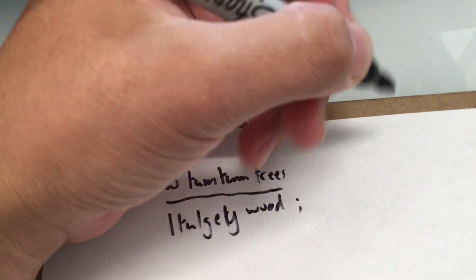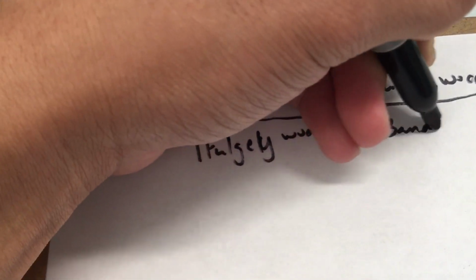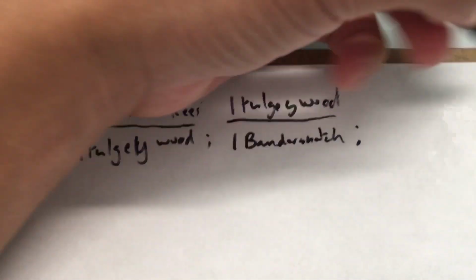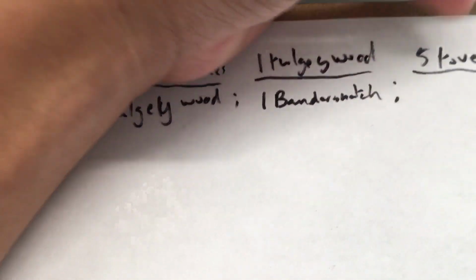So let's just write down all our conversions here so we have the information needed. And I'm not going to add the adjectives, I'm just going to add what it is. So it's 1 Bandersnatch. Then we also have 5 toves, slithy toves, slithy or slithy? I don't like poetry.